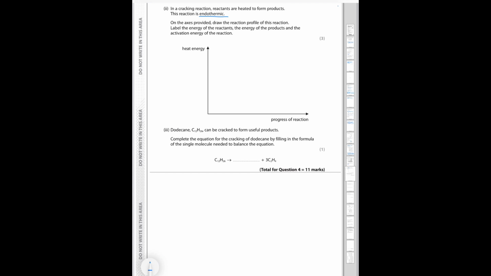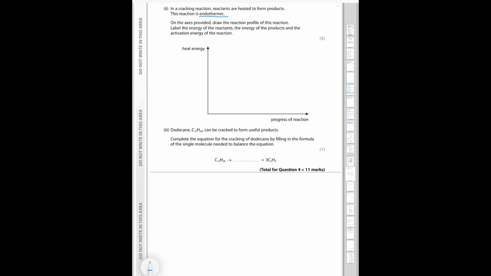So first of all, we need to remember that our reactants are going to have less energy than the products because the actual particles will take in heat energy from the surroundings, so they actually end up with more energy.